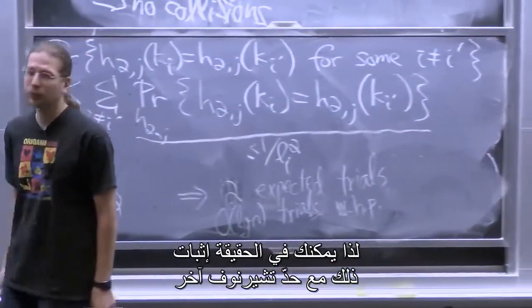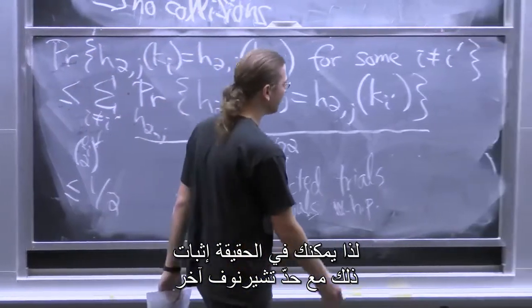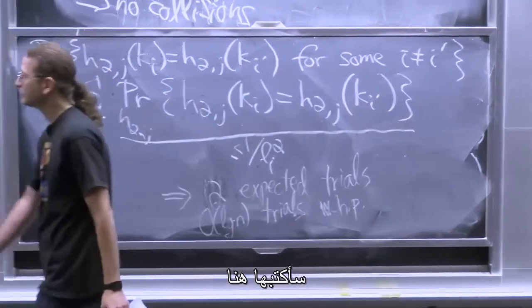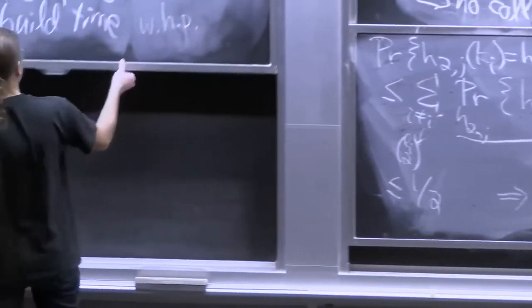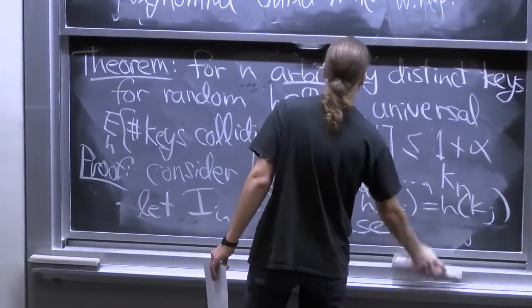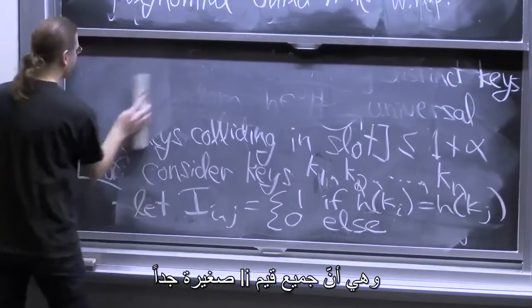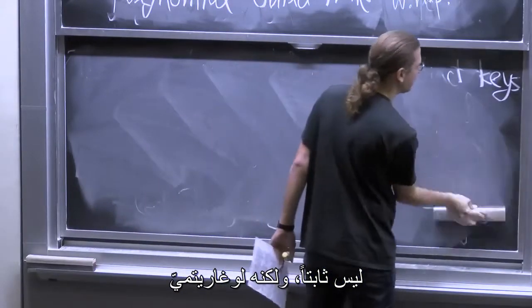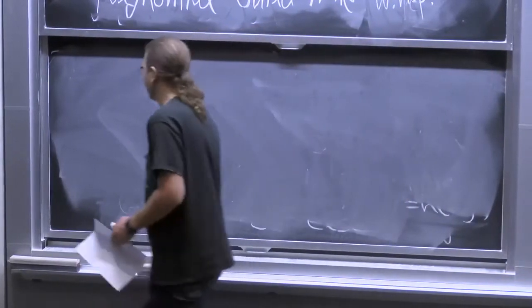So in fact, you can prove with another Chernoff bound that all the Li's are pretty small. Not constant, but logarithmic.